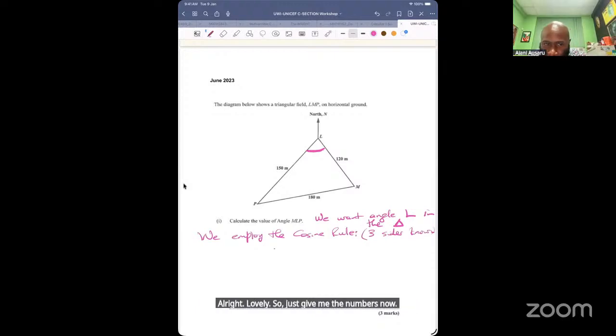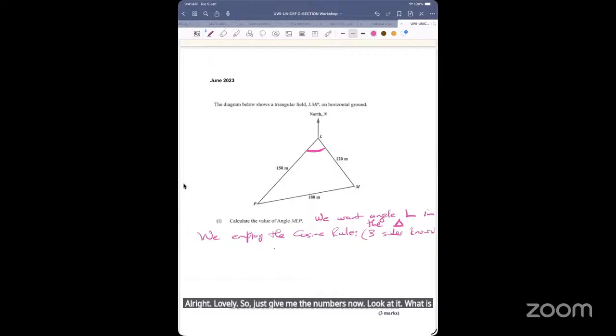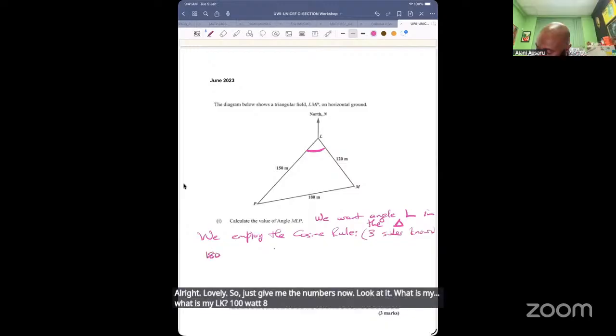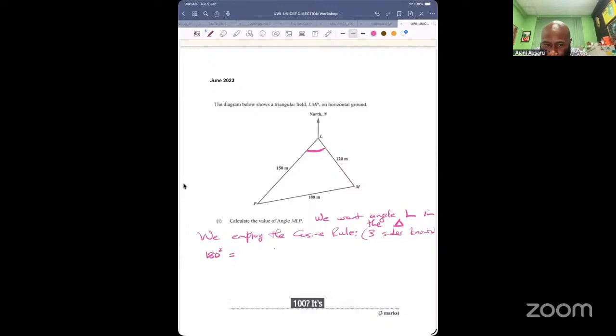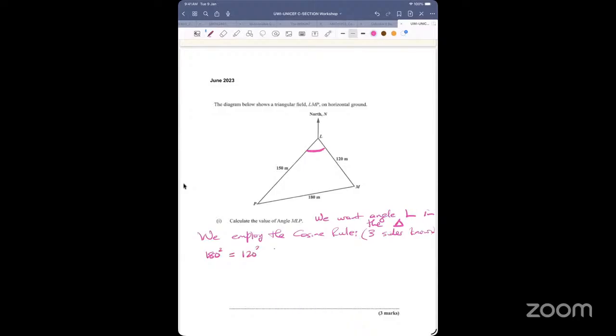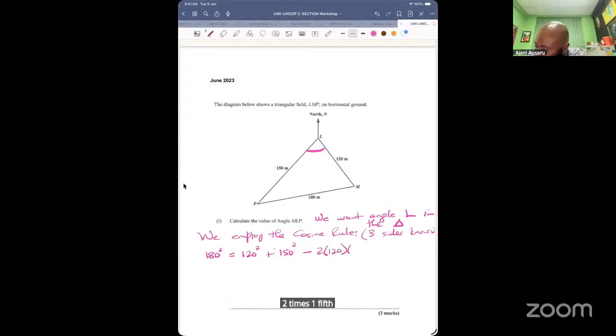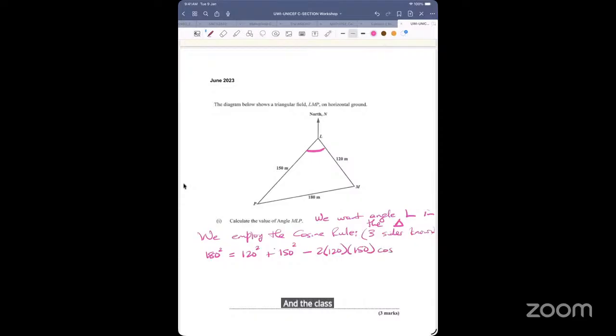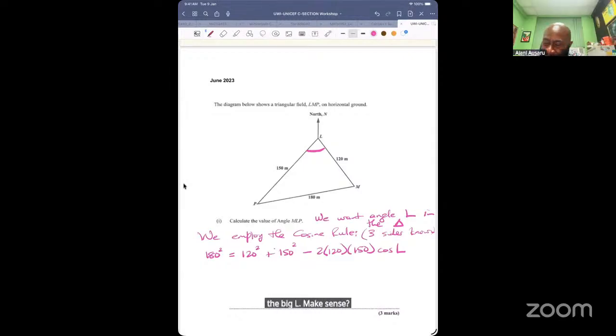What is my L squared? 180 squared equals 120 squared plus 150 squared, minus 2 times 120 times 150, and the cos of angle L. Make sense? Yes, sir.